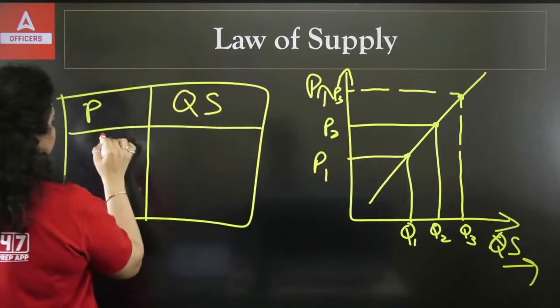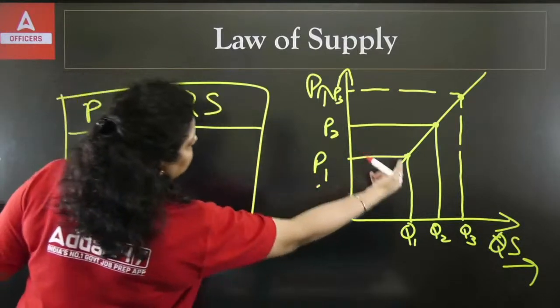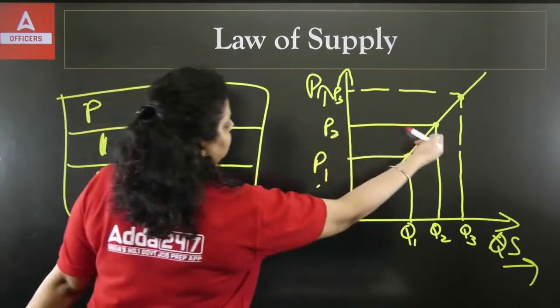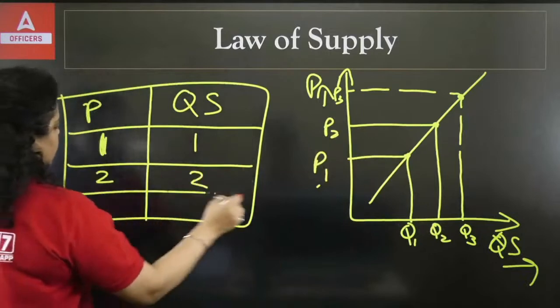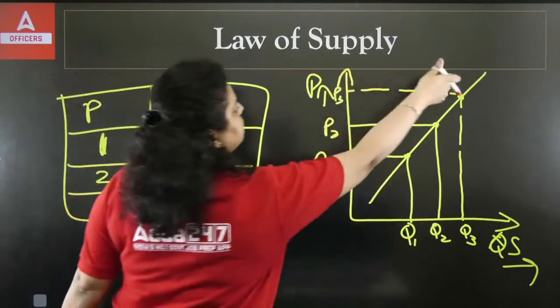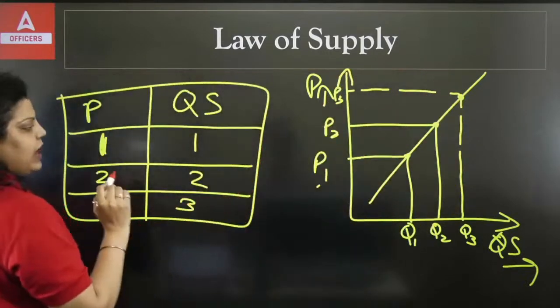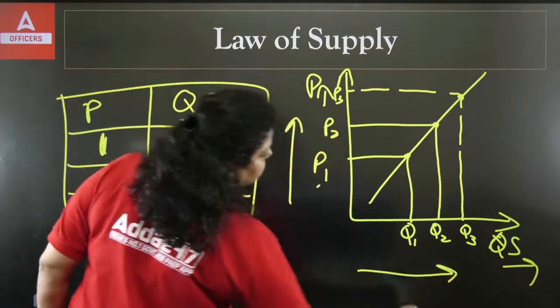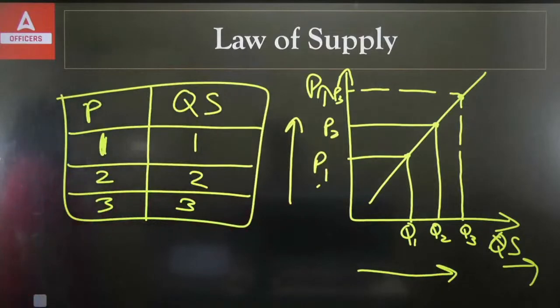So when the price was 1, quantity was also 1. When price went to 2, the quantity was also 2. When price went to 3, the quantity was also 3. As you can see, the price is increasing, and similarly the quantity is increasing. This is the law of supply.